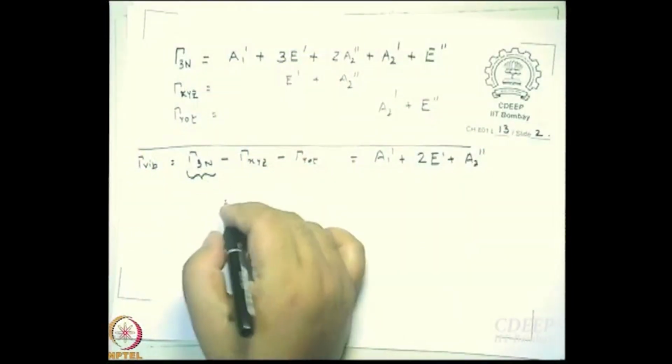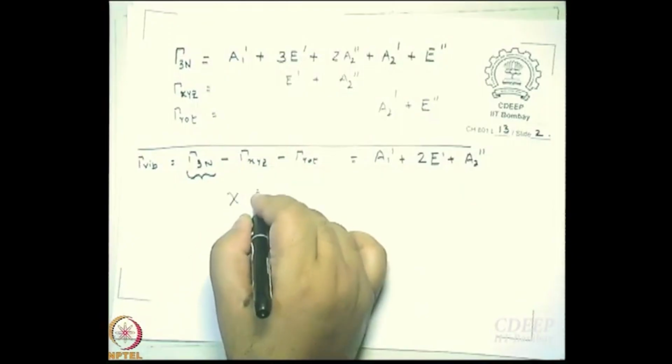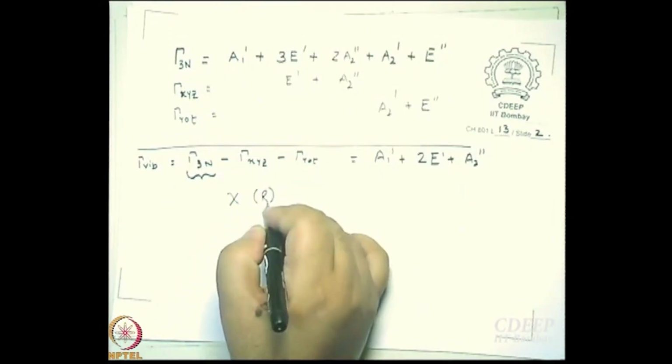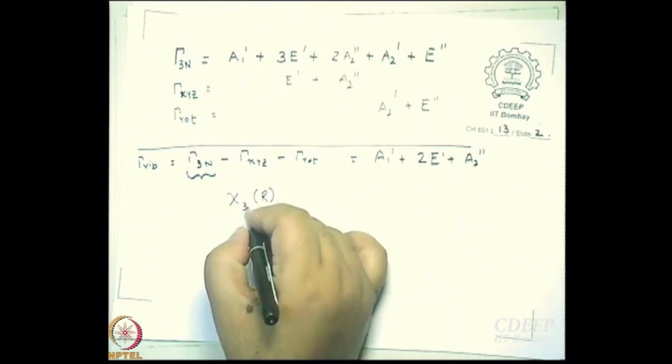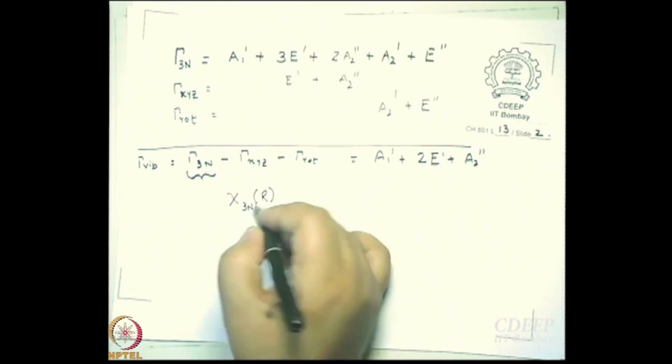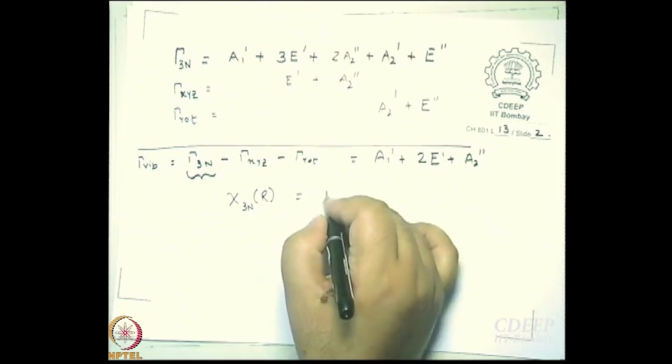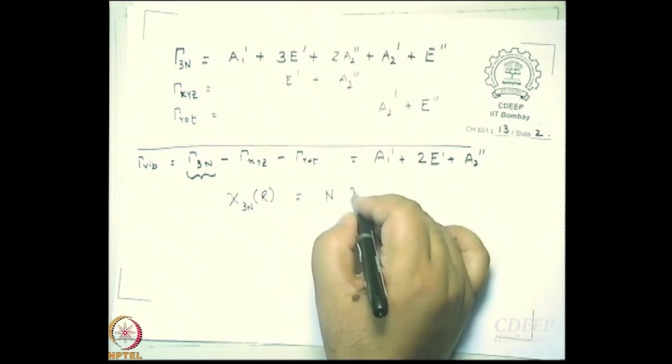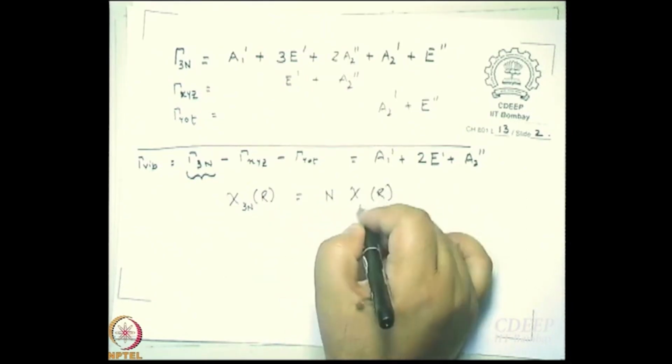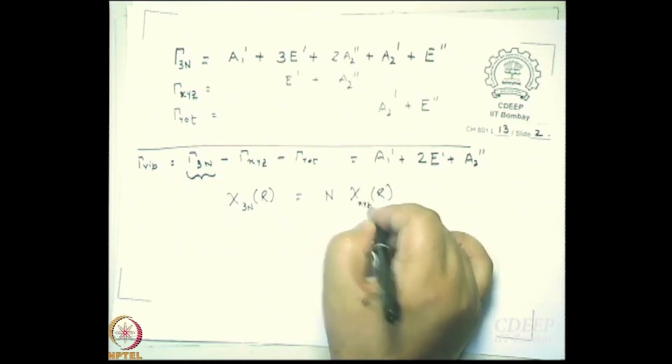Can I now move this out? What I am saying is, chi r of gamma 3n is equal to n multiplied by chi r of gamma xyz.